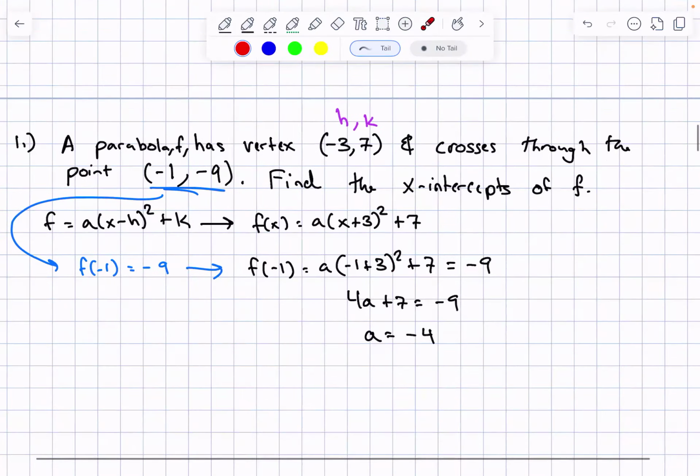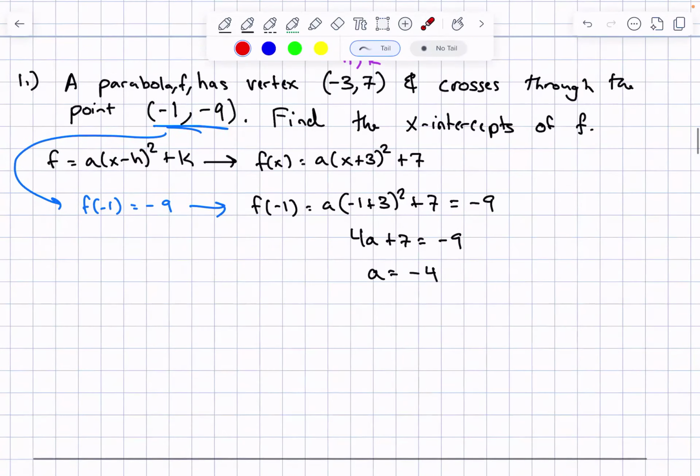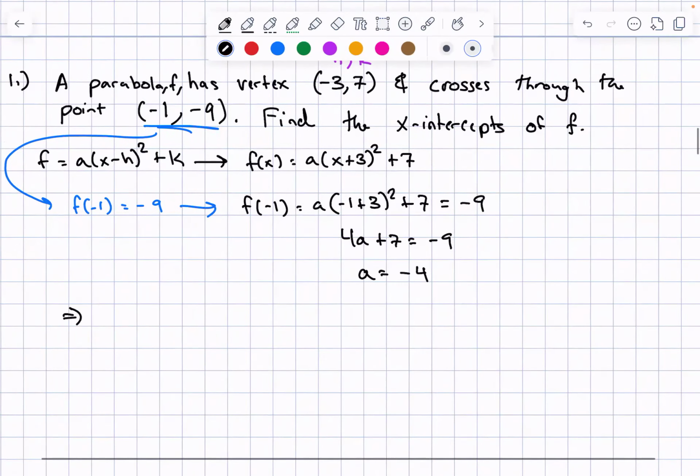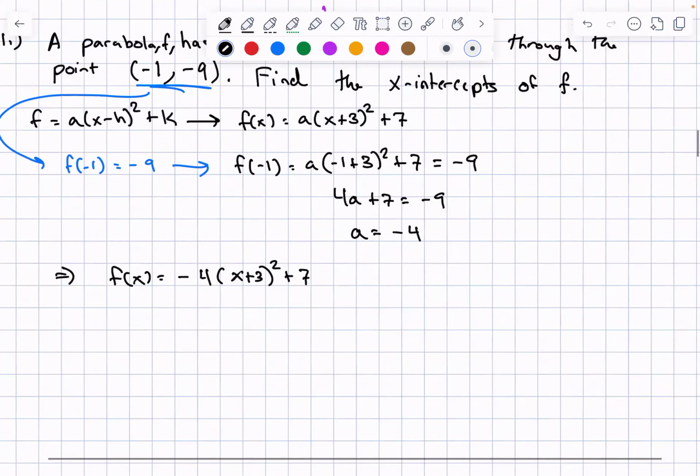So now I know the equation of f. F of x is therefore negative 4 times (x plus 3) squared plus 7, and I need to find the x-intercepts. As a reminder, x-intercepts are the places where you cross the x-axis, which happens precisely when y equals 0, and y is synonymous with your function values, f of x.